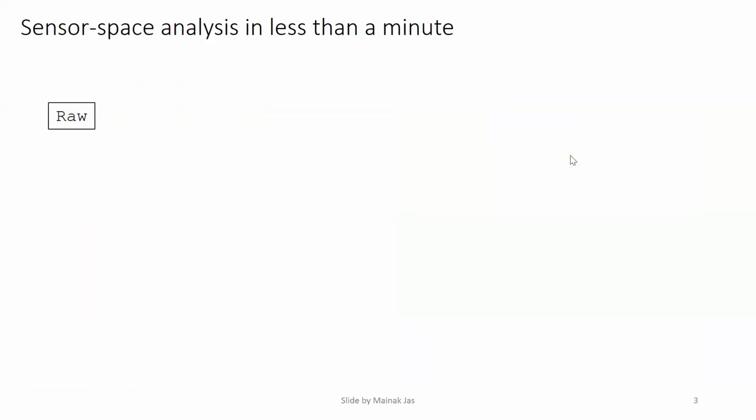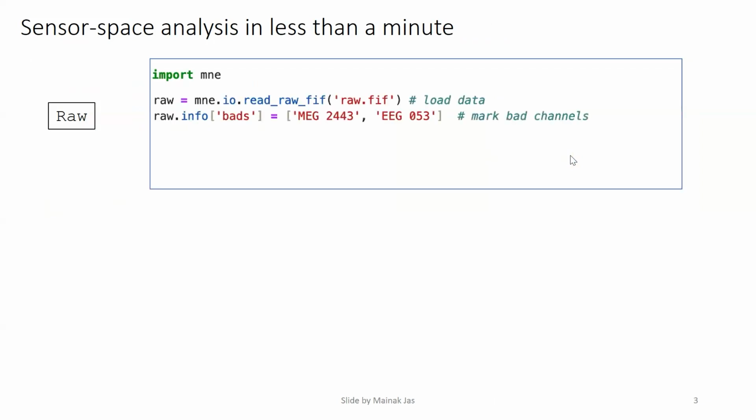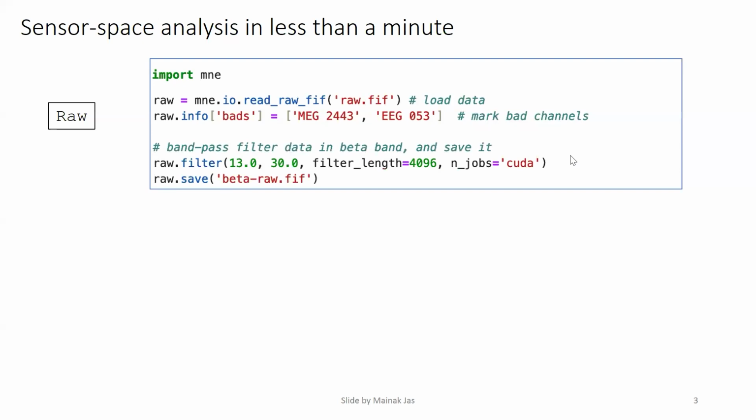Now, in terms of how it is done concretely, I would import my MNE module. I would read in a FIF file by specifying the name of the file. I can specify some pre-processing, like what the bad channels are and how I filter the data. You would usually low-pass filter it and apply some high-pass filter to remove artifacts.